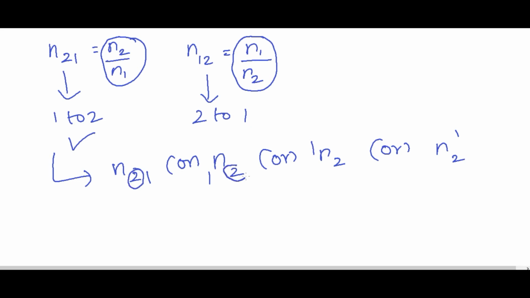The subscript towards the immediate right side of your small letter n is not getting affected for this 1 to 2 story. So what is the output? Where the light is finally coming, to which medium it is finally entering, that must come in the immediate right side subscript of the refractive index. So this is the simple logic you can remember.